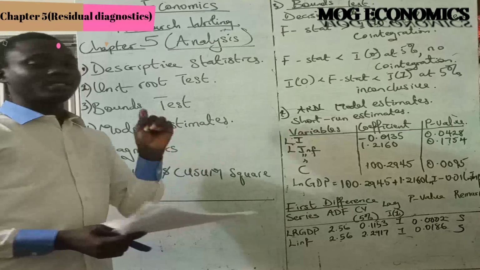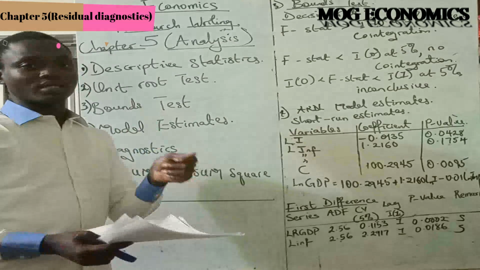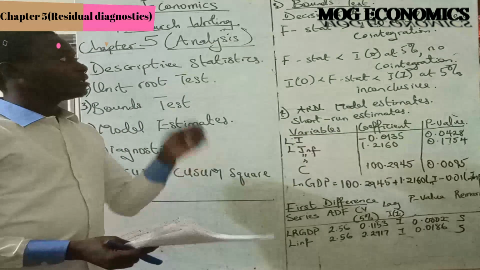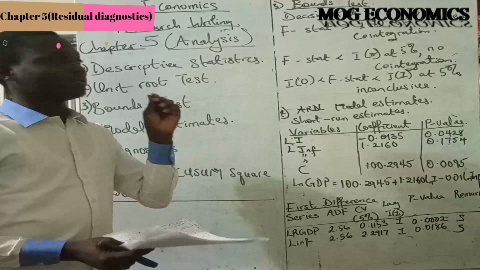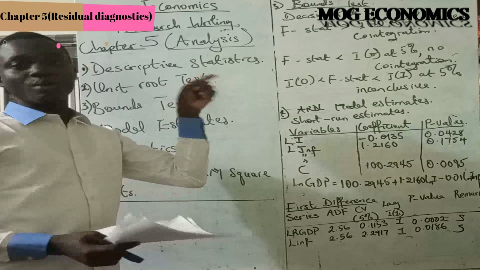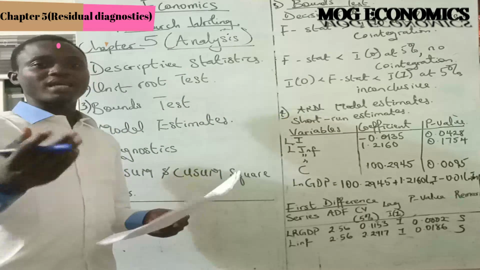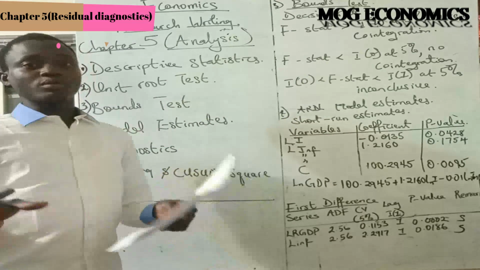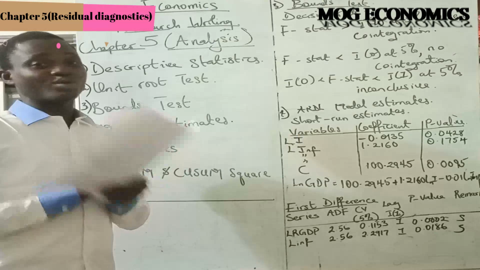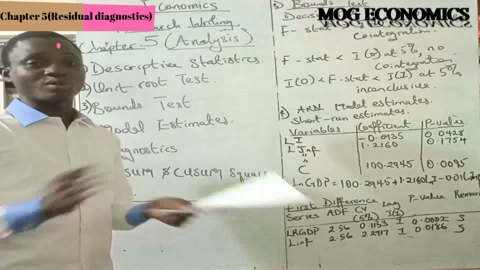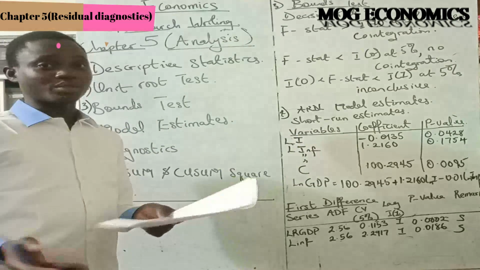The decision rule here is that your F statistic must be greater than the critical value of your upper bound at 5%. Now, I can only speak for EViews, I don't know about the others, the way they present theirs.